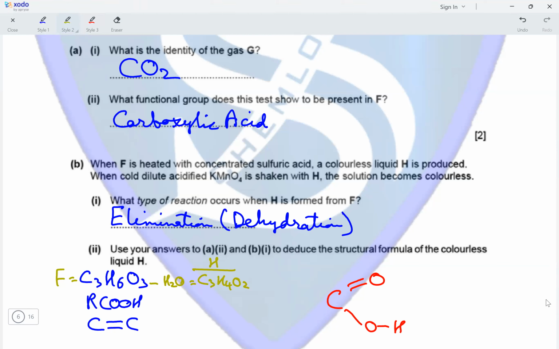So if we have three carbon atoms and a double bond, that double bond will be present on these two carbon atoms. Now we are left with three hydrogens to place. One hydrogen will come here and two hydrogens will come here, completing the formula of compound H. So we've got a carboxylic group and a double bond present in the same compound.